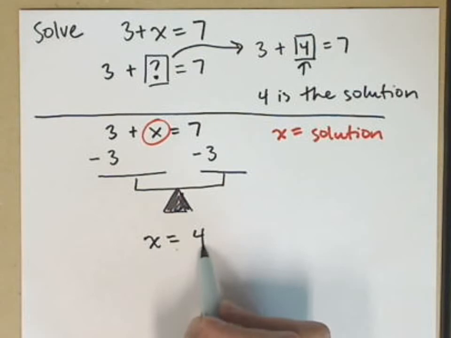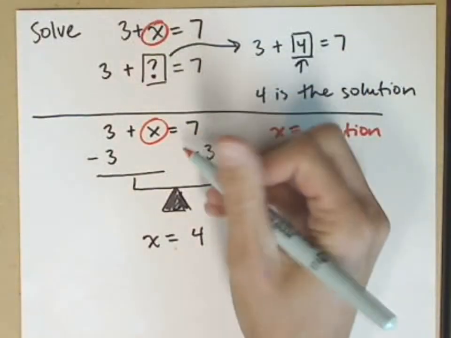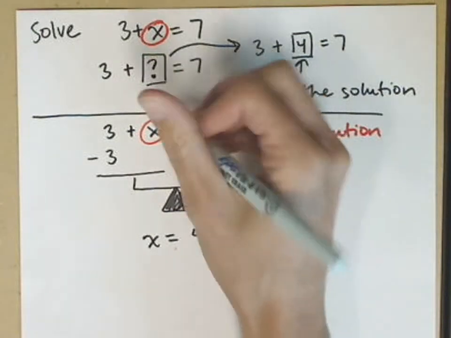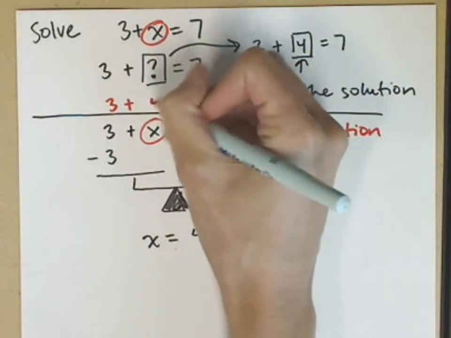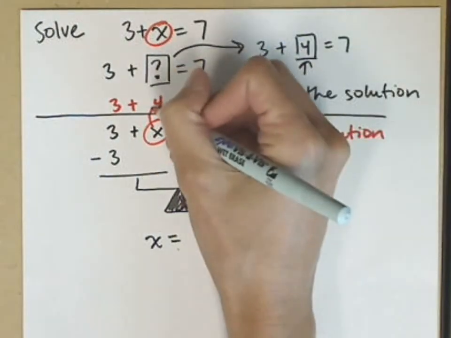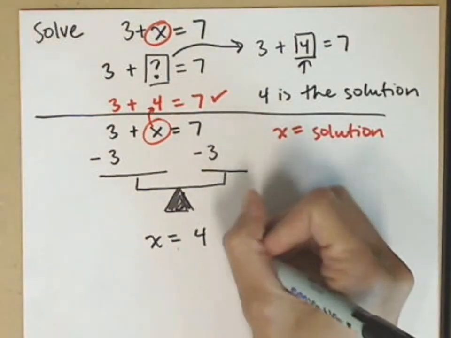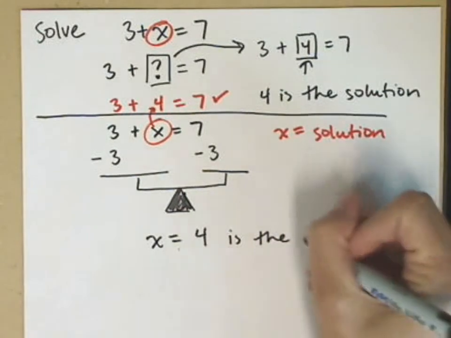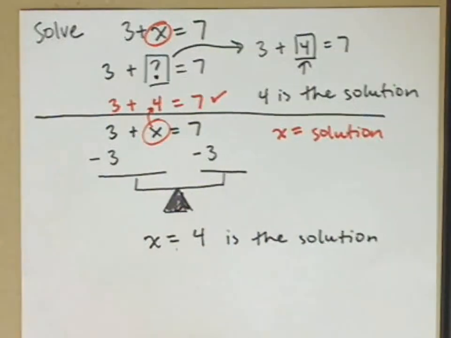When I replace a 4 into my equation, right here, I've got a little more room. If I put a 4 right there, 3 plus 4 equals 7. Replacing the x with a 4 works. So I say that x equals 4 is the solution. It works for my equation, which means it makes it true.